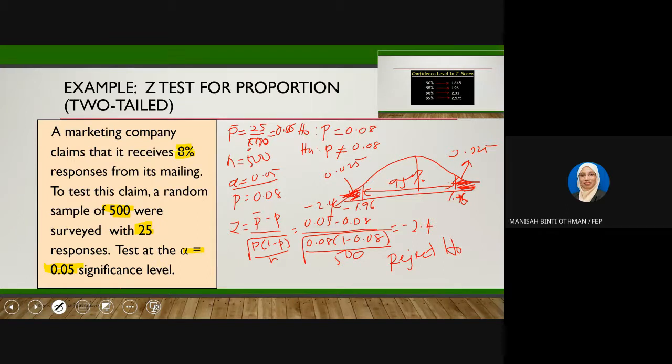When we reject the null hypothesis, it means the null hypothesis is not true, so the alternative is true. So the marketing company claims it receives 8% response, but we don't have sufficient evidence to prove that; it's not exactly 0.08 or 8%.